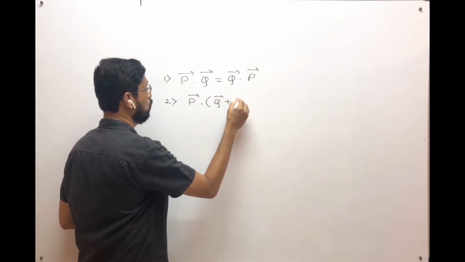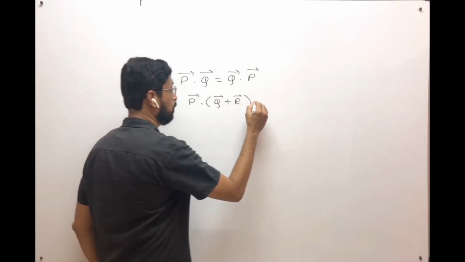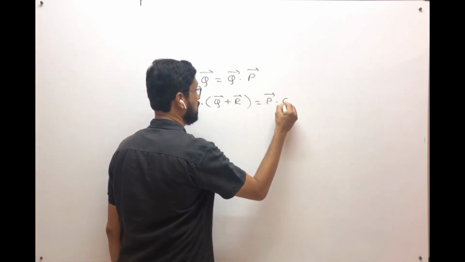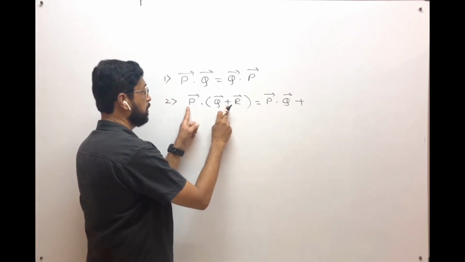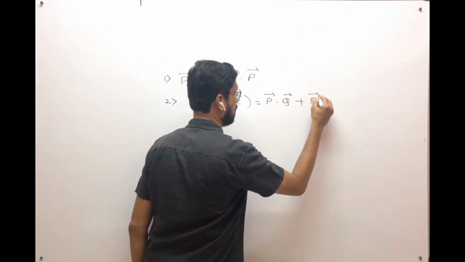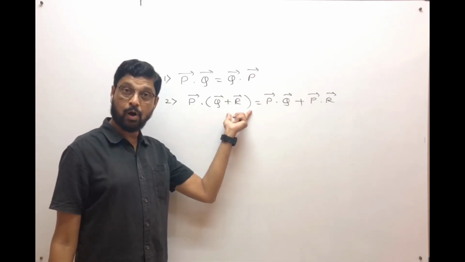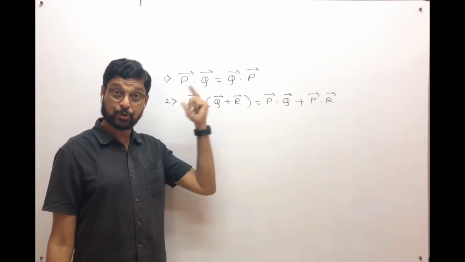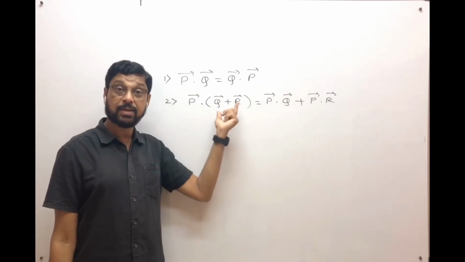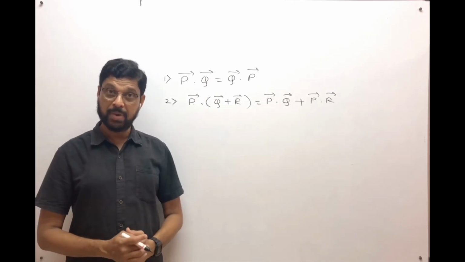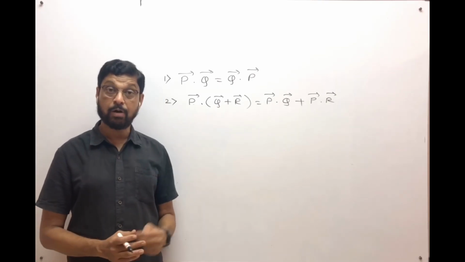P dot (Q plus R) will be equal to P dot Q plus P dot R. This is called distributive law of multiplication. So the dot product obeys distributive law of multiplication. That is the second characteristic, second property of dot product.